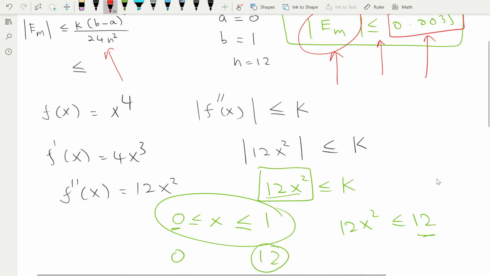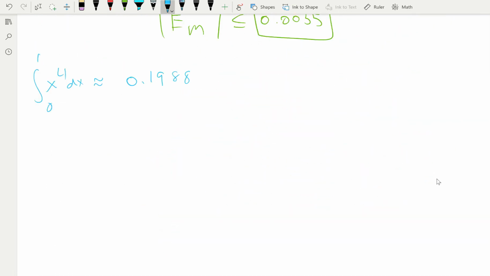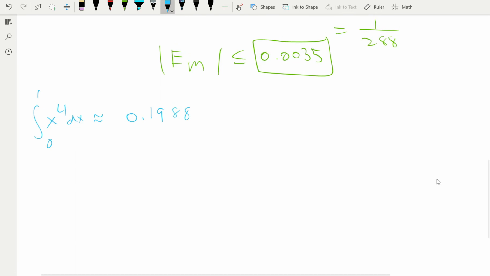Now let's do something else. We know the midpoint rule gave us the approximation 0.1988, and we know from the error bound formula the worst case error is 0.0035, right? From here we can come up with something else.